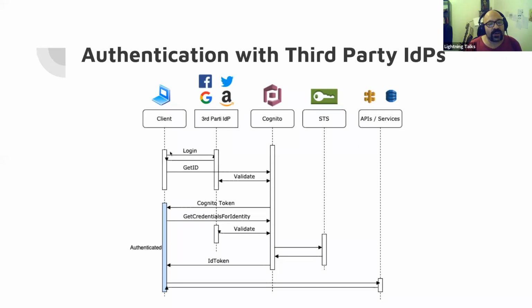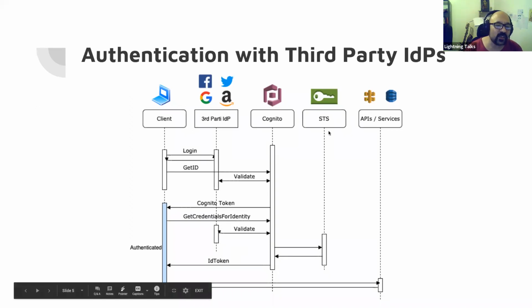So you are going to get the token from the third party. You authenticate with the third party. This is my Google account. They are going to respond with an ID. You send that ID to Cognito. Cognito validates that ID with the third party and returns the Cognito token. And from that point, it is pretty much the same.